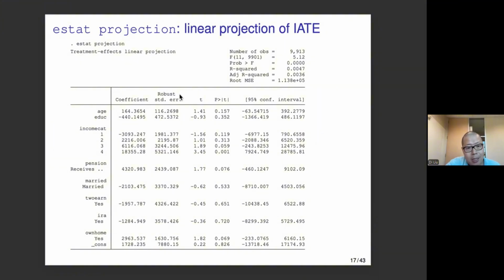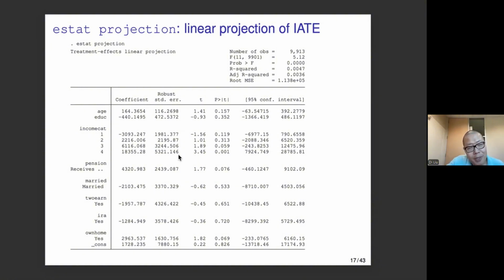So this is the estat projections. First, we look at the R squared of these projections, which is actually low, at 0.004. It's a pretty low R squared, which means the linear approximation to the ITE does not have a very good fit here.